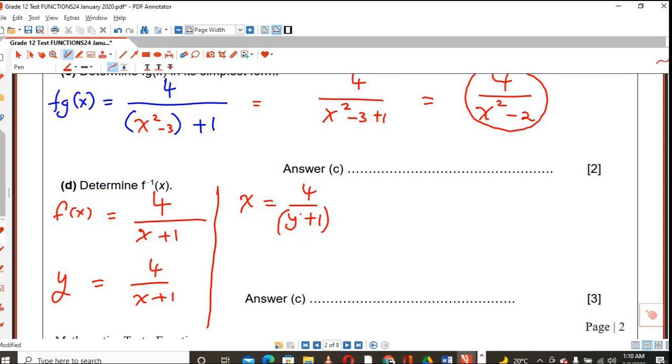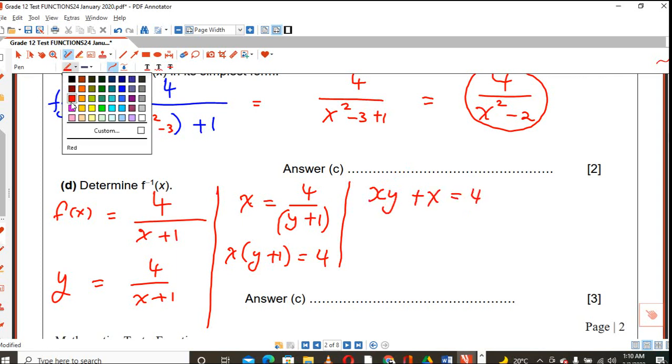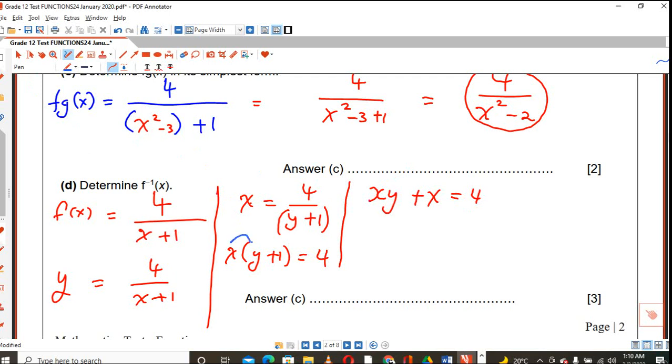So the idea is you are doing sort of cross multiplication. That's going to be x times (y plus 1) equals 4. That is going to be xy plus x equals 4. So what I'm doing is multiplying out so that I can have 4 minus x here, and then I can take away that x by simply dividing 4 minus x over x.